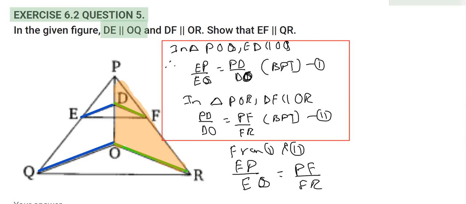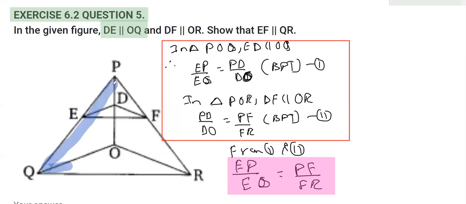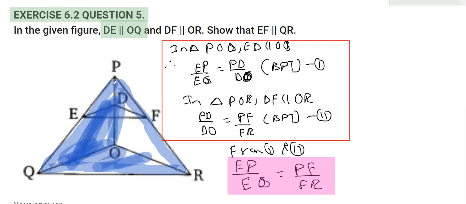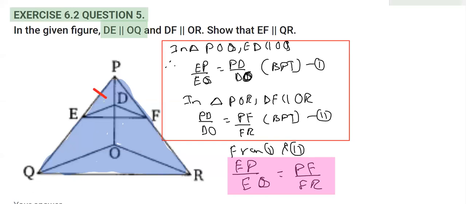Now, this relation I'm talking about is in this triangle, the biggest triangle here, the largest one. Now consider this triangle. What do we see here? What we have proved as of now is that this over this is equal to this over this.